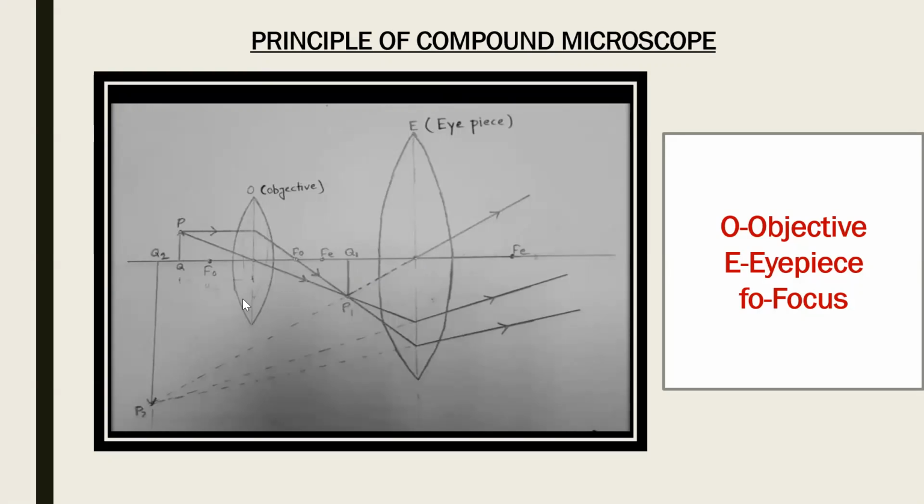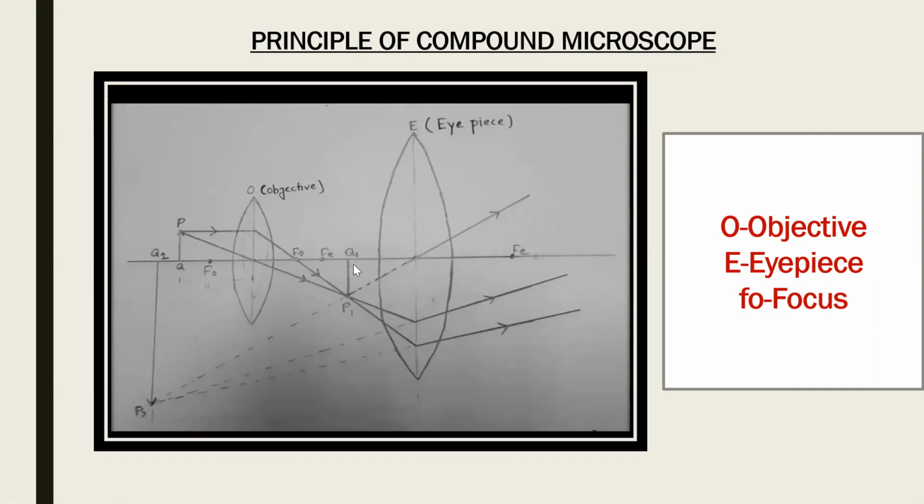You can adjust the distance between the objective and eyepiece because they are fixed at the two ends of a coaxial tube, and there are two tubes which can move within each other. So you have to adjust the distance in such a way that this image is between the optic center of the eyepiece and the focal length of the eyepiece.